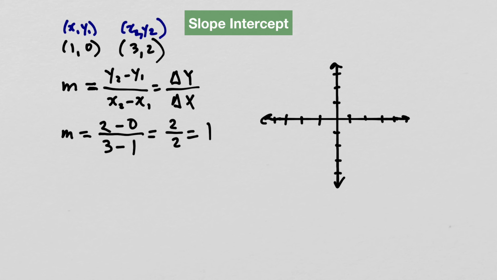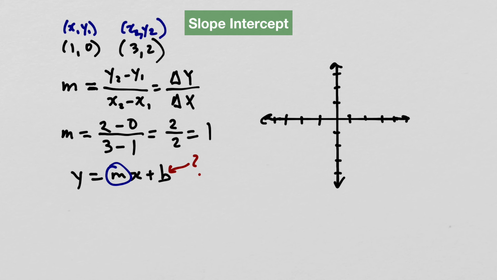So now we know what m is, but we don't know what b is, right? We need to solve for the equation y equals mx plus b. For the equation of a line, we have m, we got this. Now we just need to solve for b. Now, how do we solve for that?